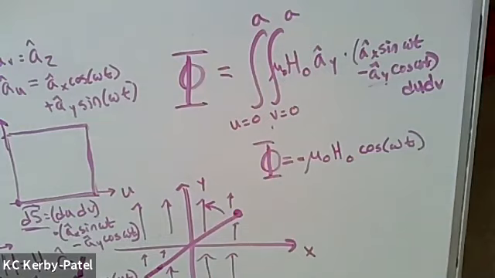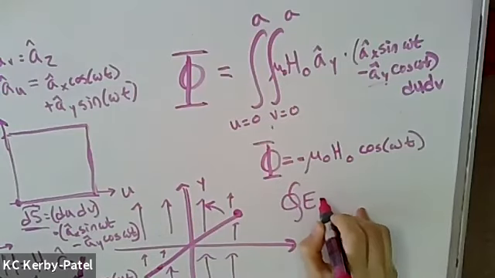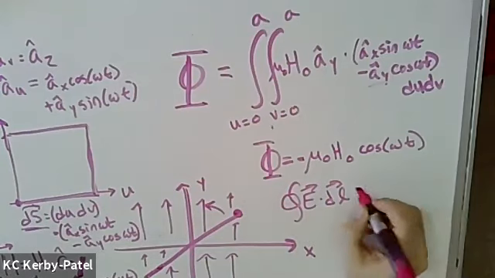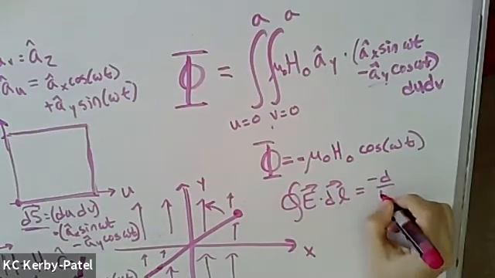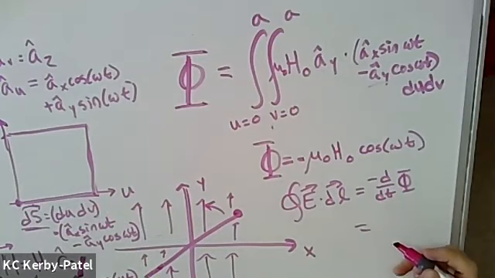So then if you were doing a Faraday's law problem and you wanted to know the induced EMF because of this, it would be minus the time derivative of the flux, which would give you, is the derivative of cosine a sine or a negative sine? Negative sine.